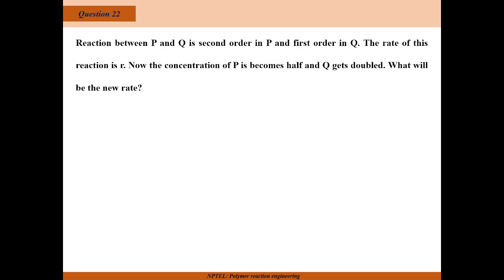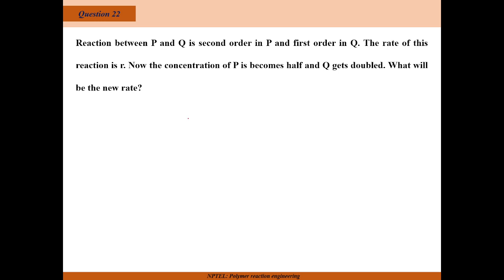I was not clear, but I'm in two minds on this. Basically, now P becomes half. P is in the second order and Q is in the first order. So second order becomes half and Q gets doubled. My assumption is that the new rate should be double, maybe, not sure. So I can explain the answer.